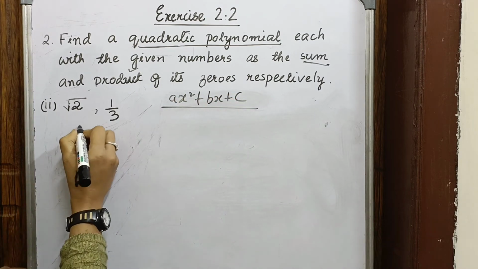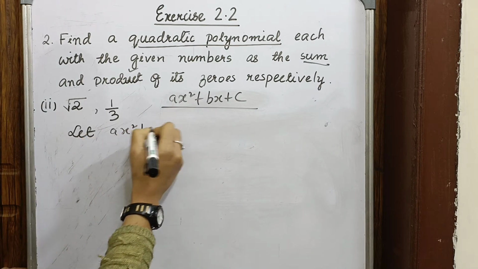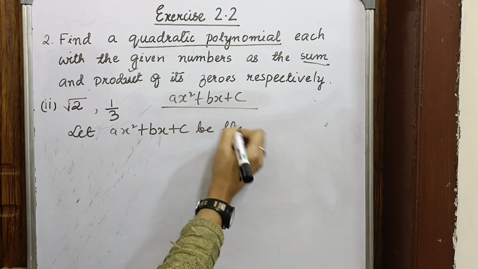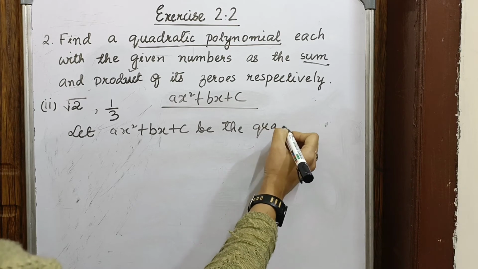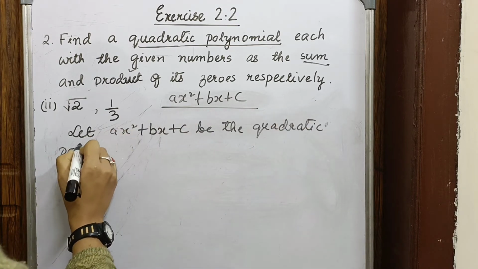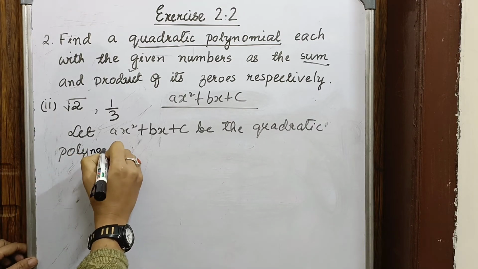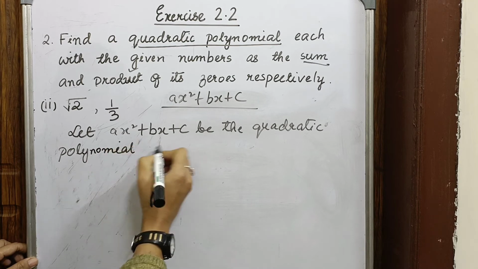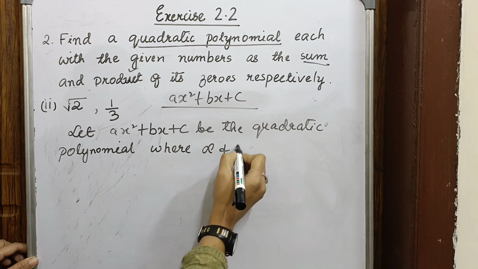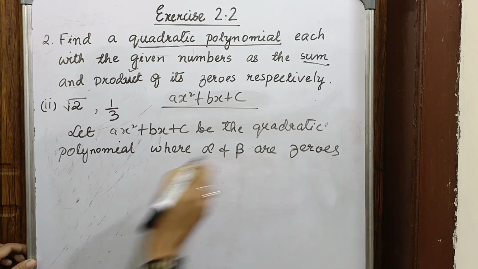So let ax square plus bx plus c be the quadratic polynomial where alpha and beta are the zeros.